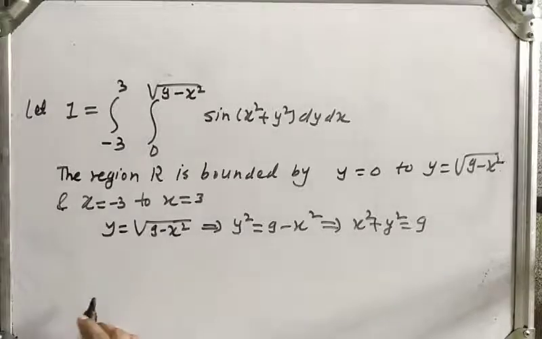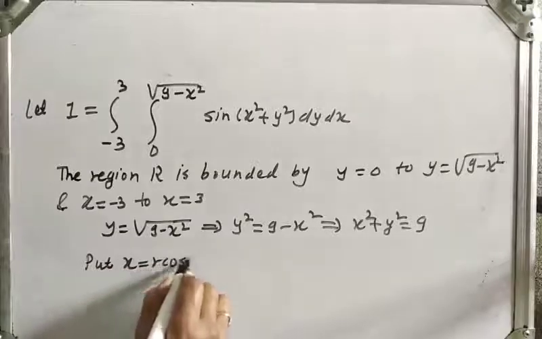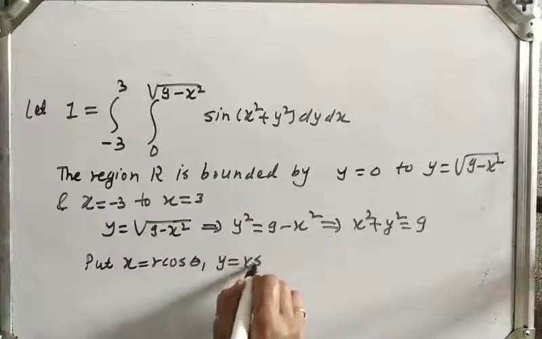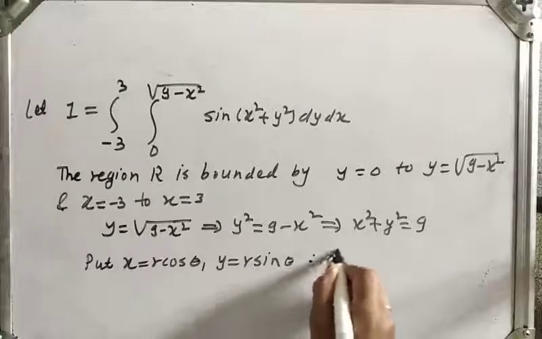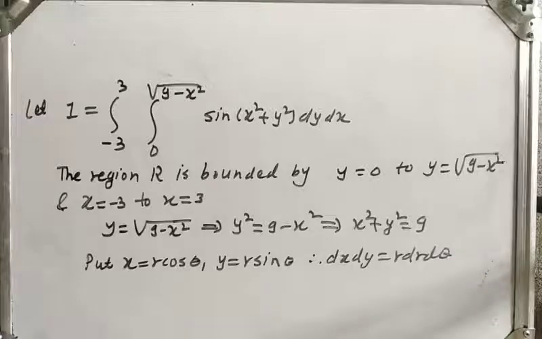Okay, now put x equal to r cos theta, y equal to r sin theta, therefore dx dy will be r dr d theta. What will be the limits of r and the limits of theta?